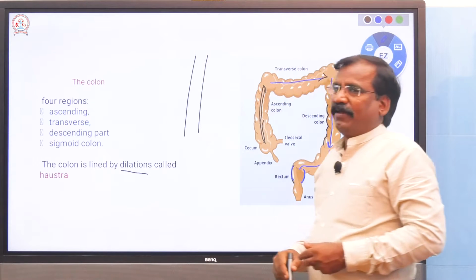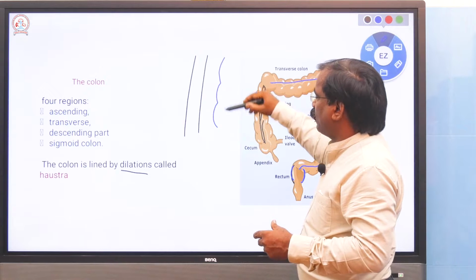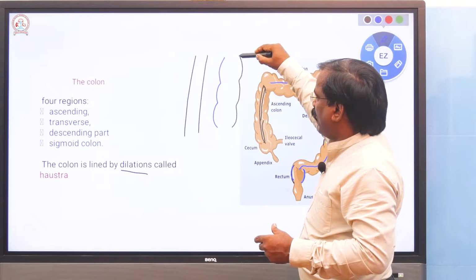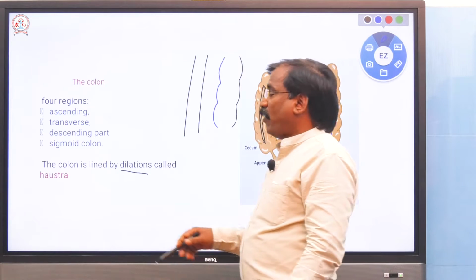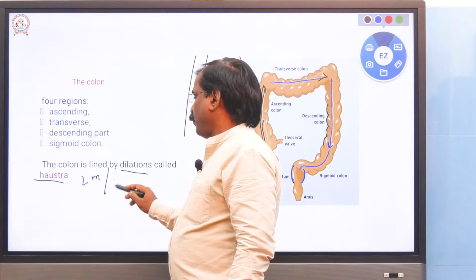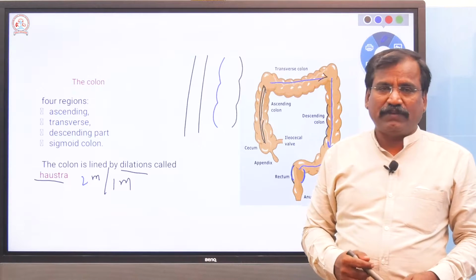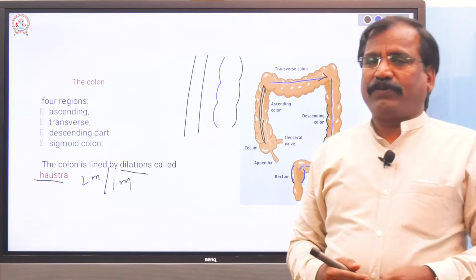Some dilations are there outside, and they are called haustra. Maybe 2 marks or 1 mark: the colon is lined with the dilations which are called haustra.